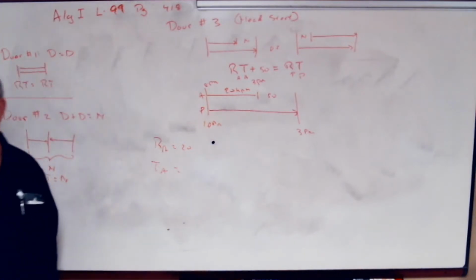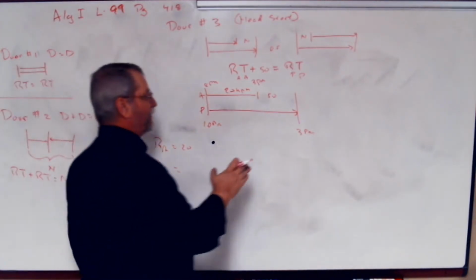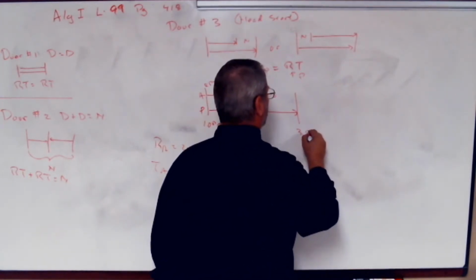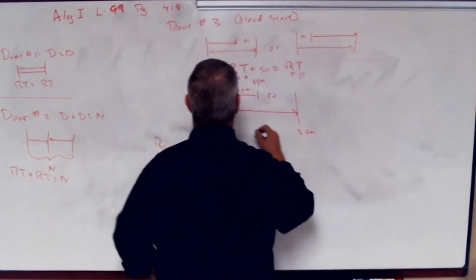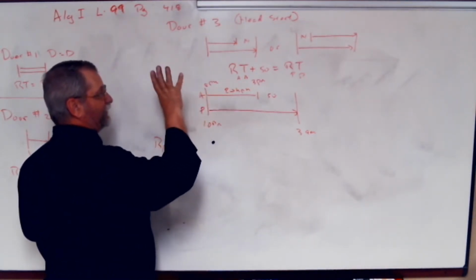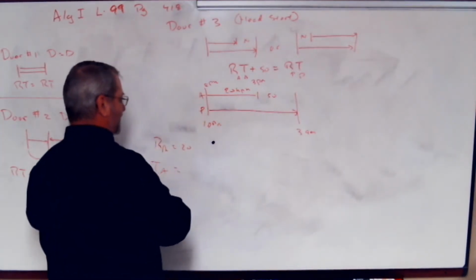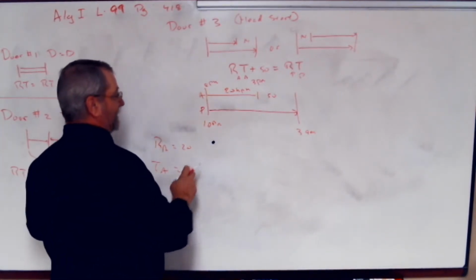Wait a minute, I did that wrong. Got to be careful here. This is 3 a.m., okay? So from 8 to 12, 8, 9, 10, 11, 12, that's 4 hours plus 3. 4 plus 3 is 7 hours, okay?